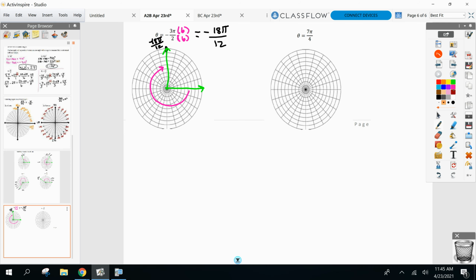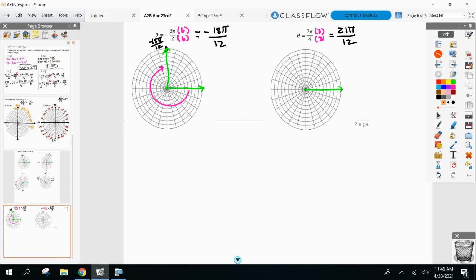And then the last one, 7 pi over 4. All right, it's not out of 12. How are you going to make it out of 12? Multiply top and bottom by 3. This is the same as 21 pi over 12. You can count 21 spaces around counterclockwise. But remember, too, the end here is 24 pi over 12.